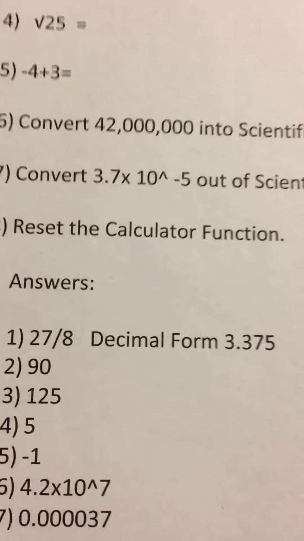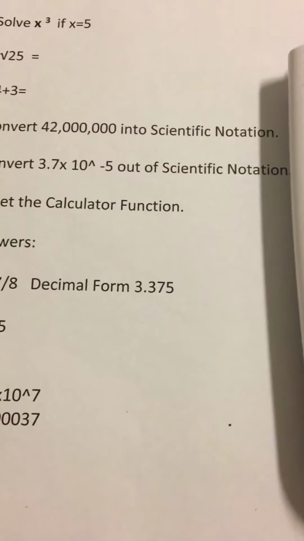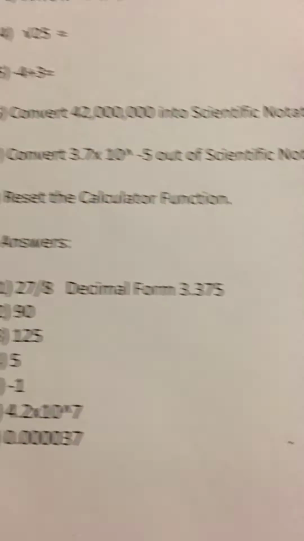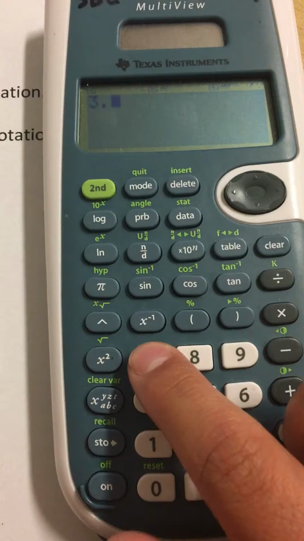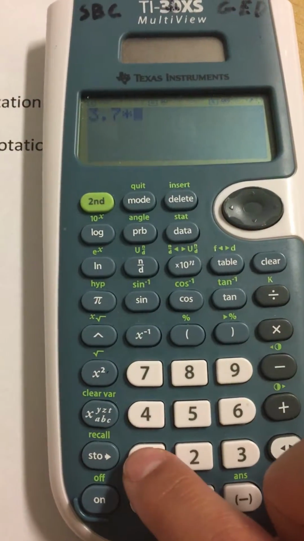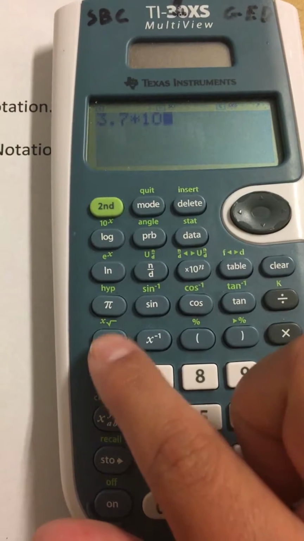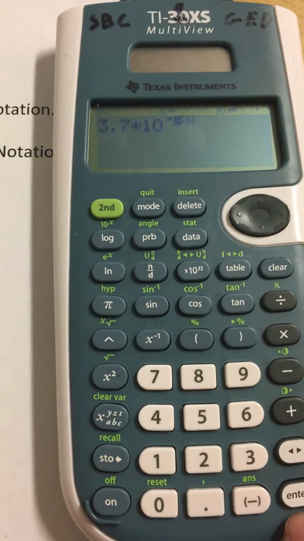So say we wanted to convert out of scientific notation. Focusing on number 7, if we wanted to do 3.7 times 10 to the power of -5.